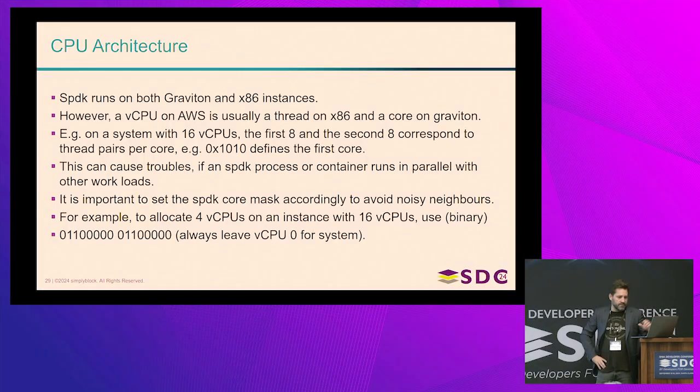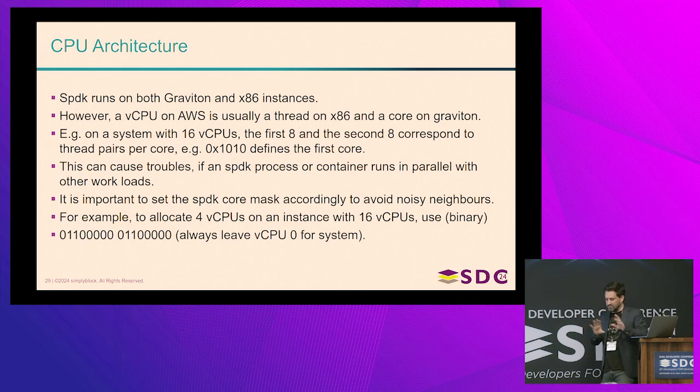So, CPU architecture. The little bit of a problem we have here is the core mask on SPDK. We need to say which cores we are assigning to the SPDK process, and that's important because they will always be busy due to the user space polling mode. Within that core mask, you assign certain cores to certain tasks and threads.